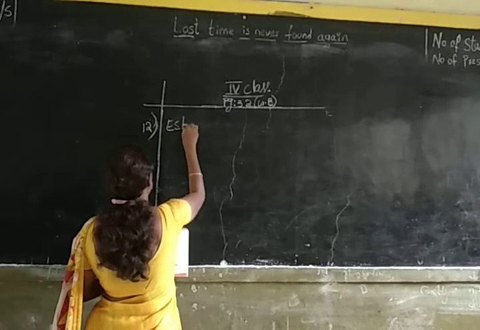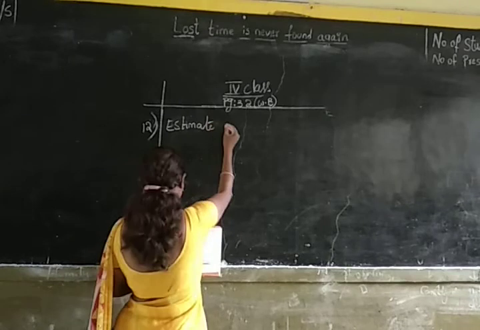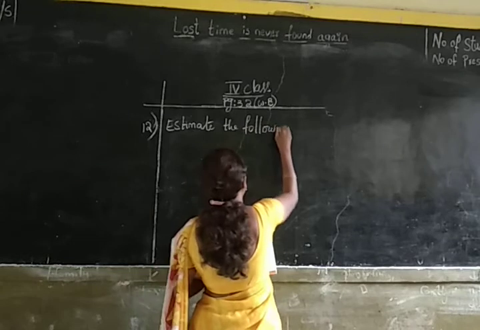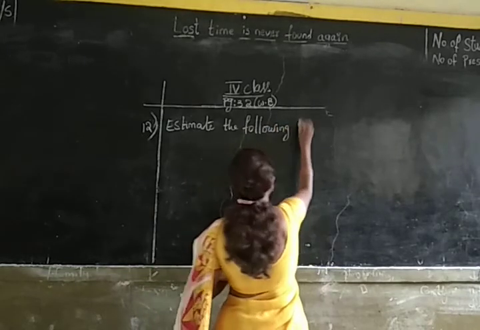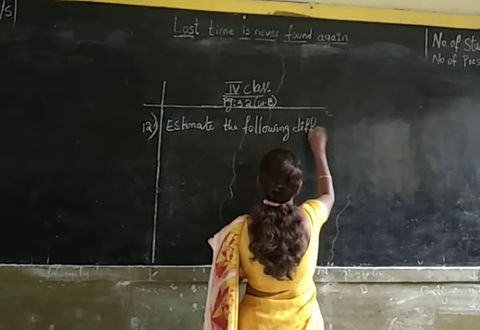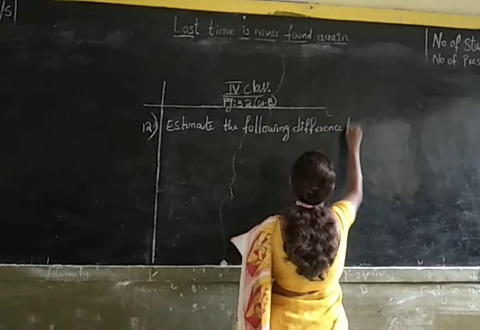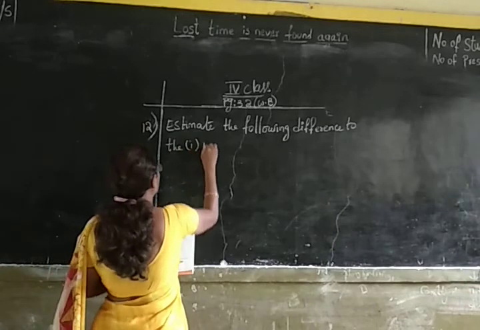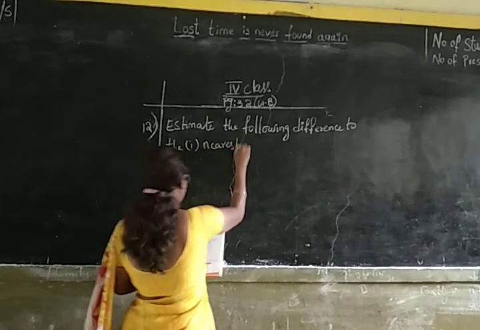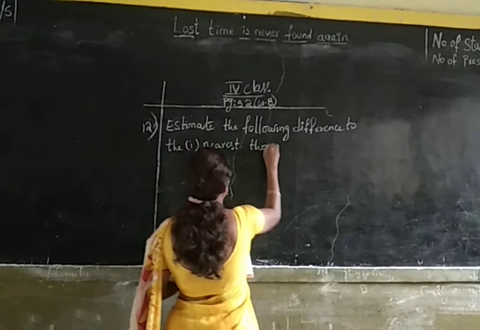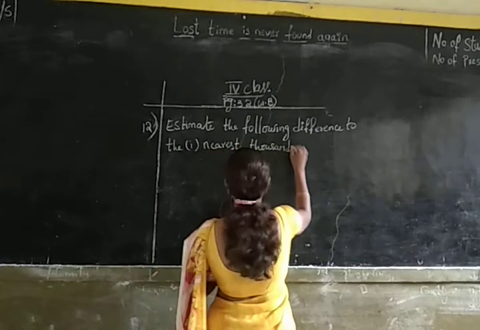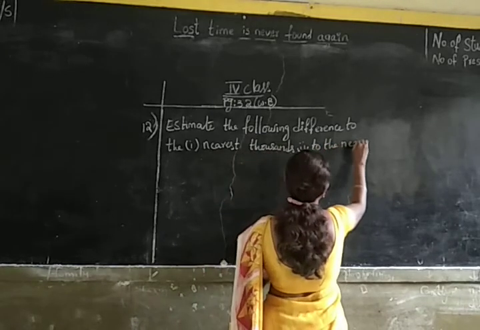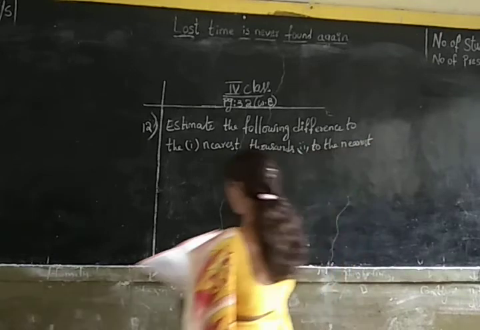Estimate the following difference, the first one to the nearest thousands, and the second one to the nearest 10,000s.